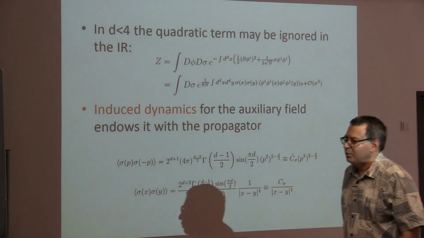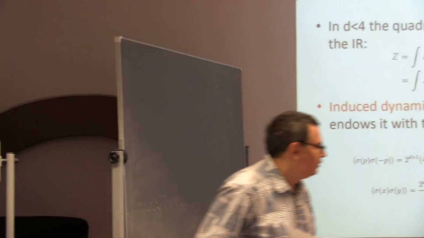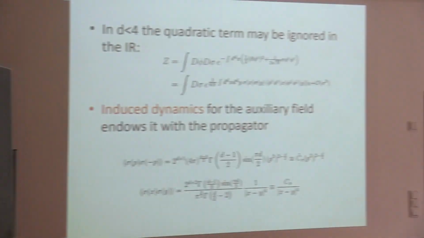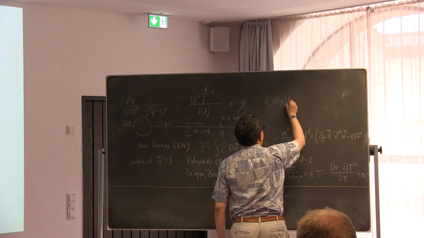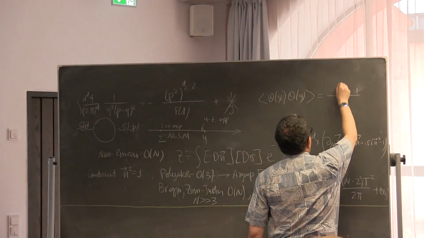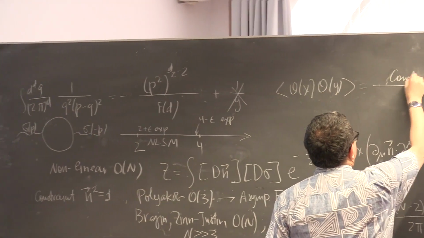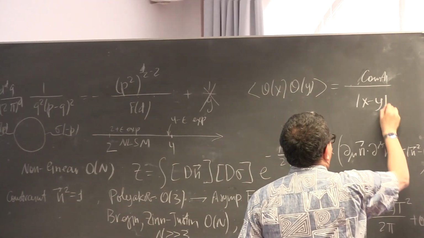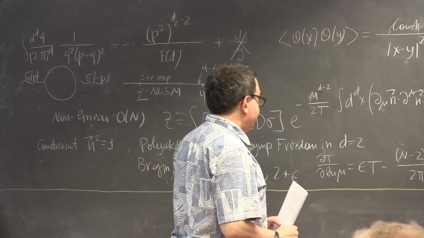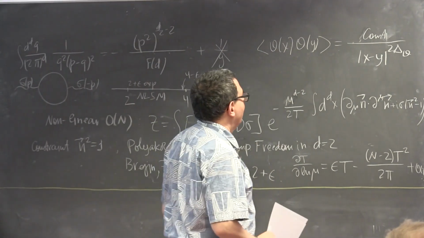Whenever I have 2 operators, you know this golden relation: the two-point function of O of x and O of y is equal to some normalization factor, let's call it constant, divided by x minus y to the power 2 delta O. This is the basic relation about any scale invariant theory, right?